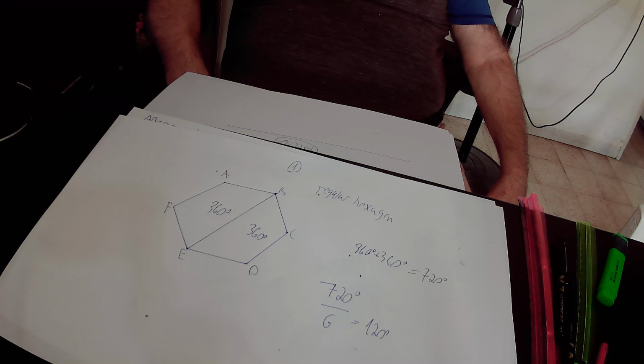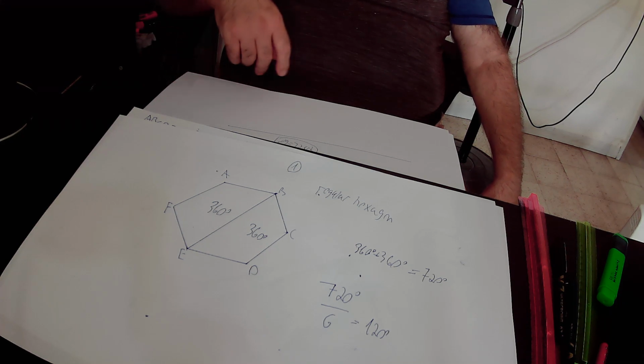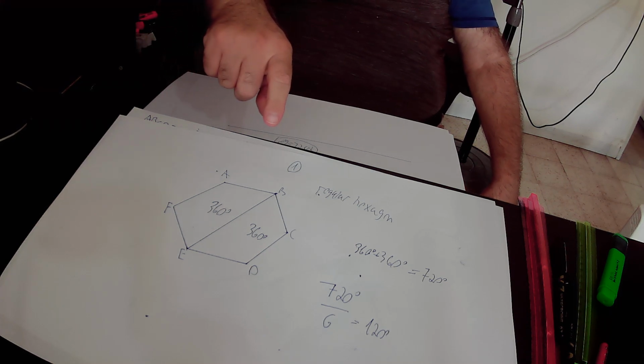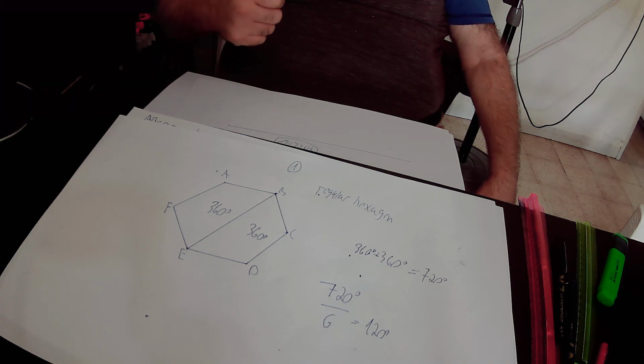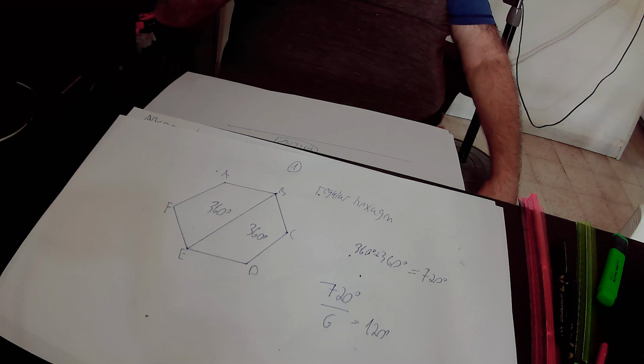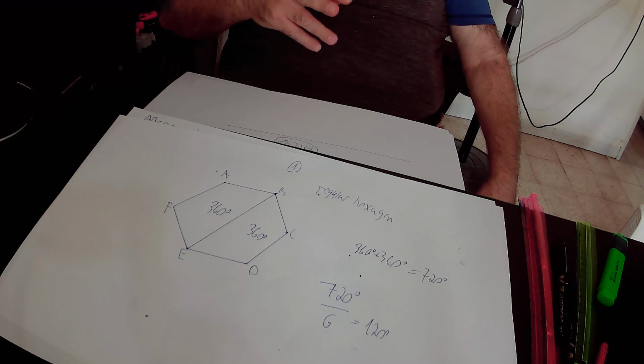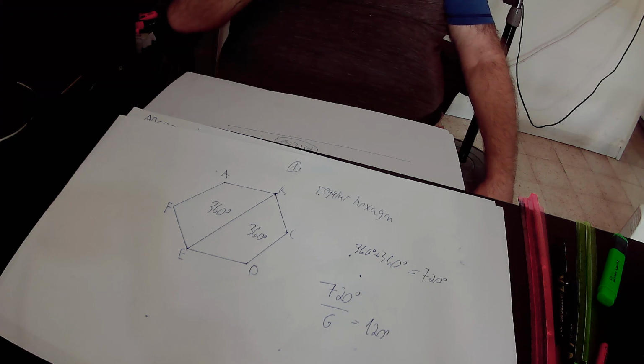So the sum of the total angles over the number of angles that this regular hexagon has will be equal to the size of one angle. Why? Because all the angles in this regular hexagon are equal to each other.